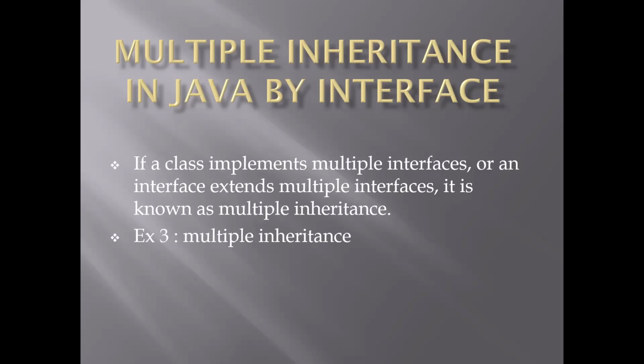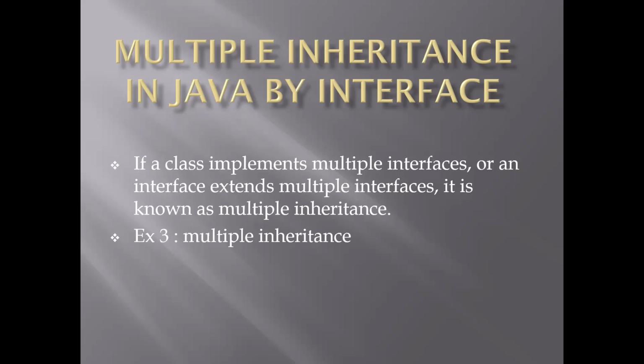It's telling you if a class implements multiple interfaces, or an interface extends multiple interfaces, this will never make a conflict. Why will it never make a conflict? Because interfaces have no implementation.